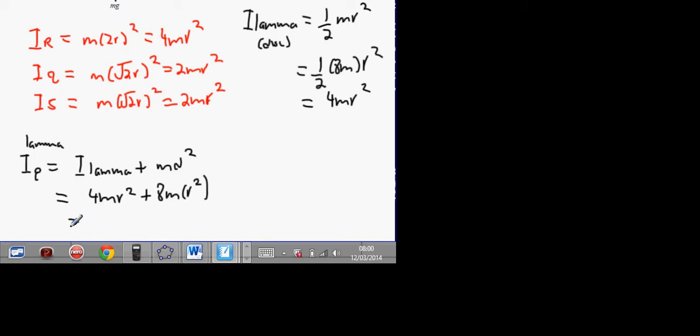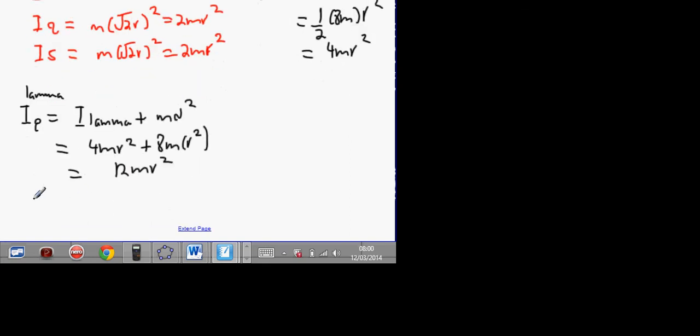Okay, so that was the parallel axis theorem. So what we're going to have to do now is find out the total inertia, or I total. I total is going to be I lamina plus IR plus IQ and so on.